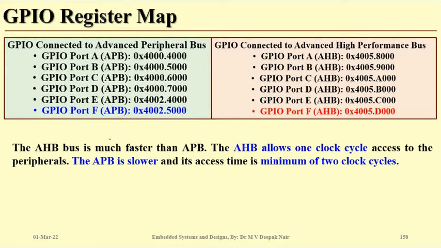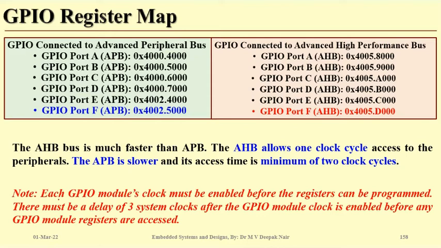To provide backward compatibility, they kept these two buses available in all the future microcontrollers. So what is the advantage? AHB allows one clock cycle access to a peripheral. This is one very big advantage. That means in one clock cycle itself you can access any peripheral, provided AHB is available for that particular peripheral. APB is a bit slower and requires a minimum of two clock cycles. So of course AHB is much faster.